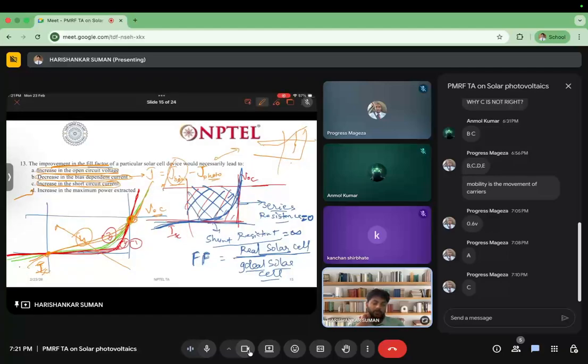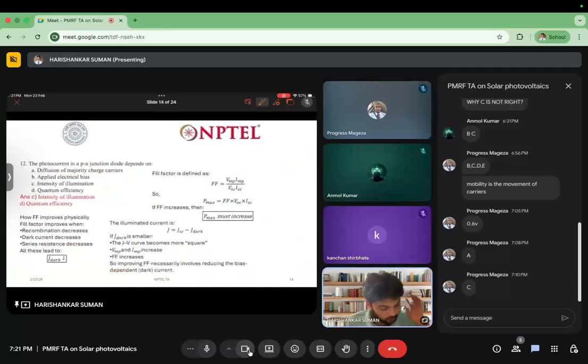So this is also related to the improvement of the fill factor. And the explanation, sorry, this is question 13 explanation, this and this.